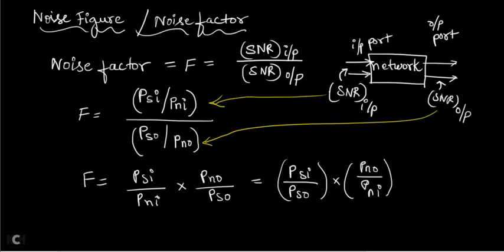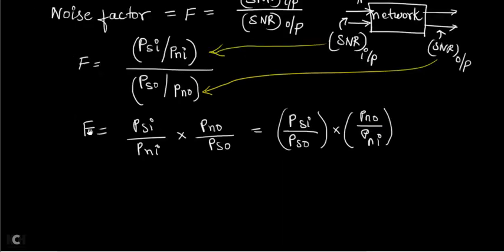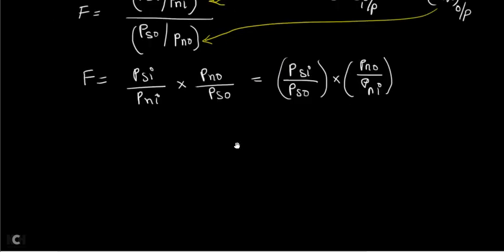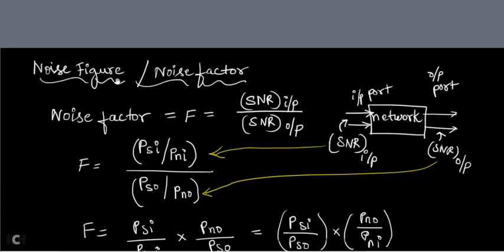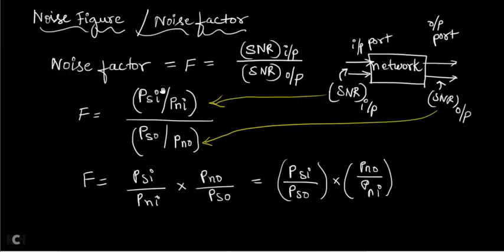So this is the expression for noise factor. Till now what we defined is noise factor, the ratio of SNR at the input side to the SNR at the output side.